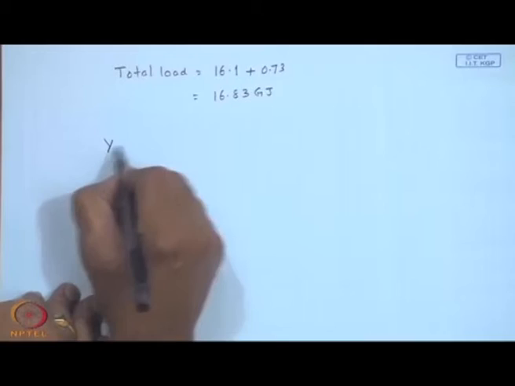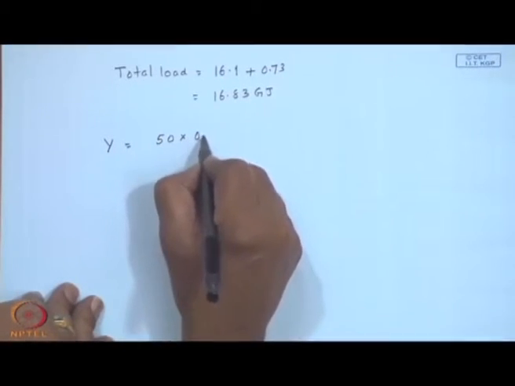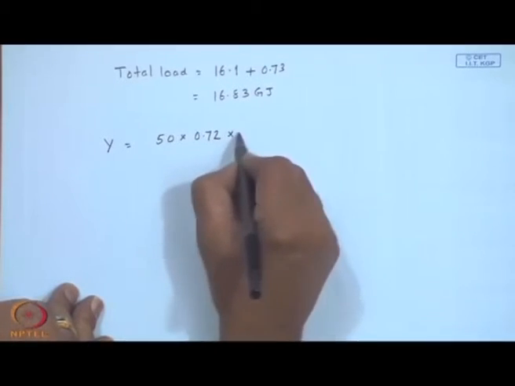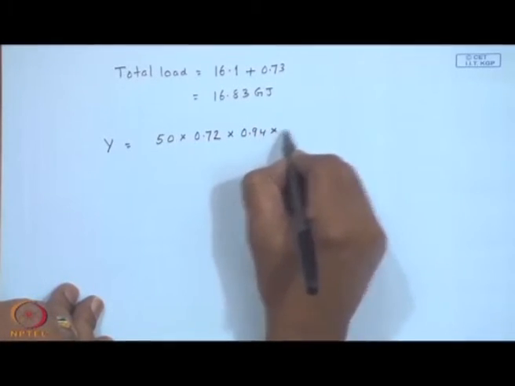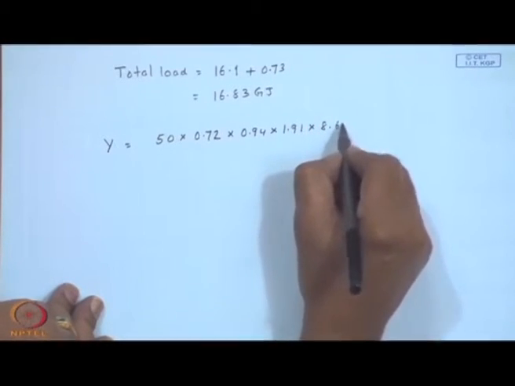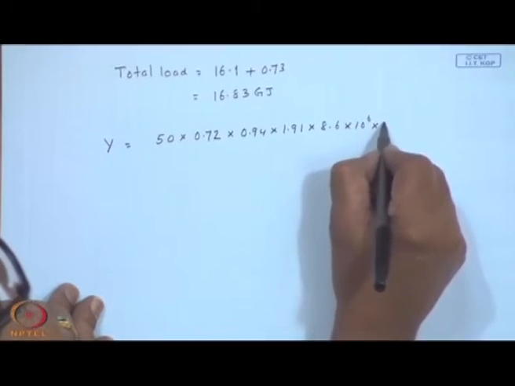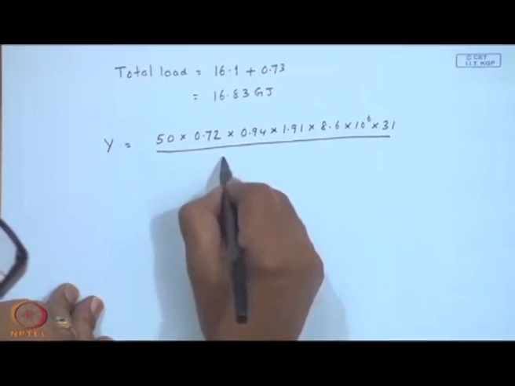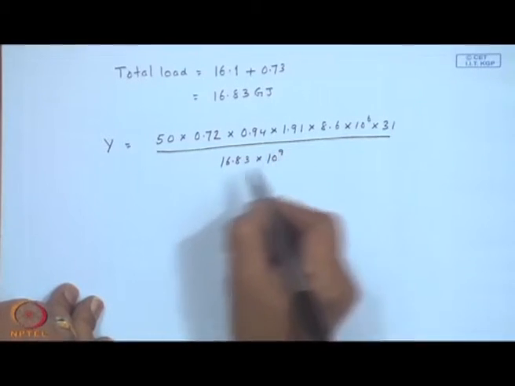The modified Y will be area 50 meter square into tau alpha normal F r 0.72 multiplied by tau alpha bar by tau alpha n 0.94 times r bar 1.91 into H 8.6 into 10 to the power 6 to make it joules, multiplied by 31, the number of days, by 16.83 into 10 to the power 9 to make it joules.